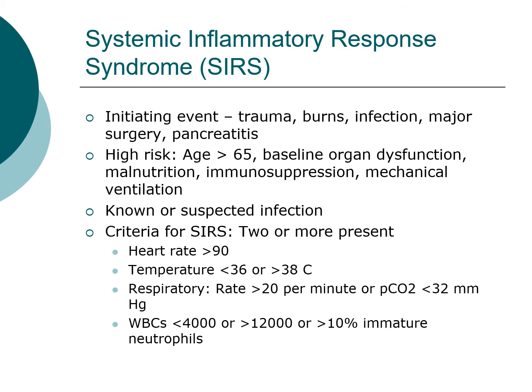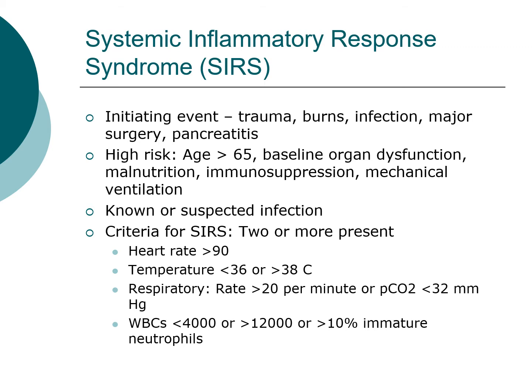So this can be a known or suspected infection. If known, then it's easier to treat. If it's suspected, there has to be a little bit of detective work by the providers to figure out what's going on. And then for SIRS, we do have some criteria, and 2 or more of these have to be present.